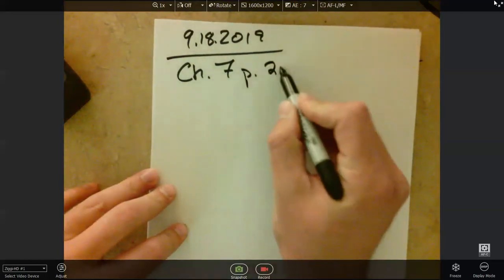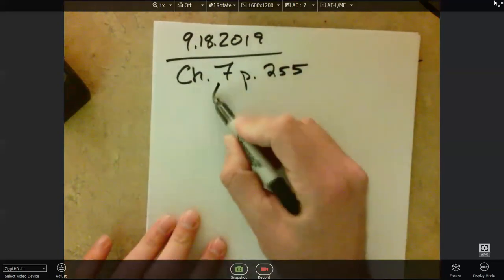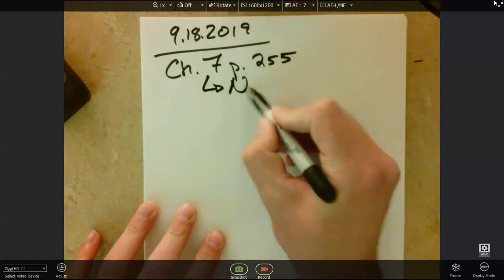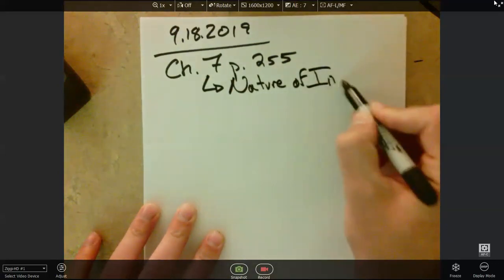All right, so chapter 7, page 255. And remember, chapter 7 is the nature of industry. Sounds way more interesting than it is.